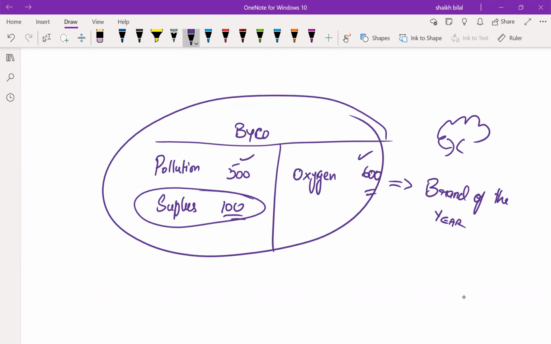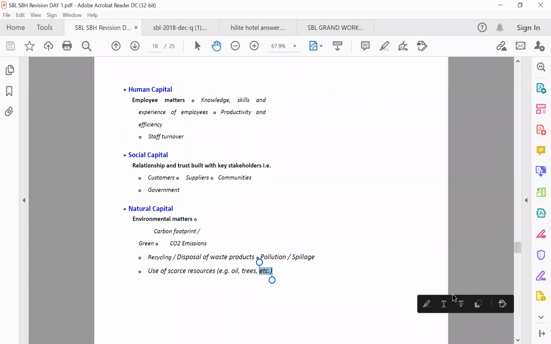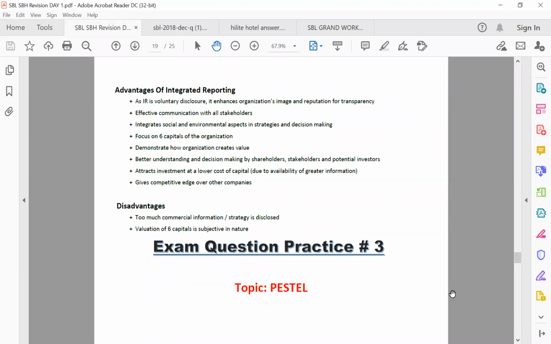Basically, it insisted on the sixth capital that I've shown you right now, that is the natural capital, right? So I hope you are getting what I'm trying to explain. Then yes, obviously use of scarce resources will also help us in this regard.